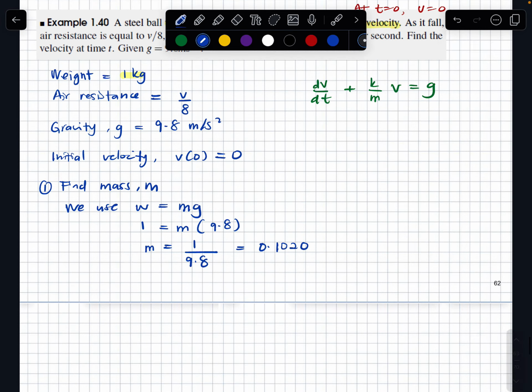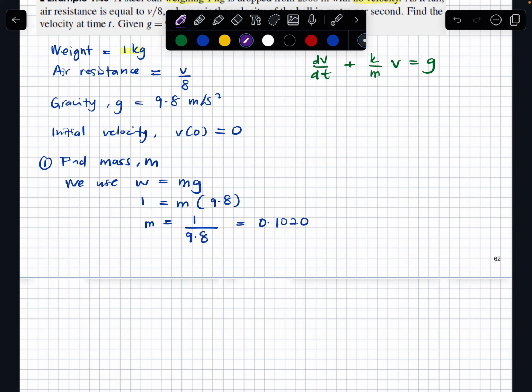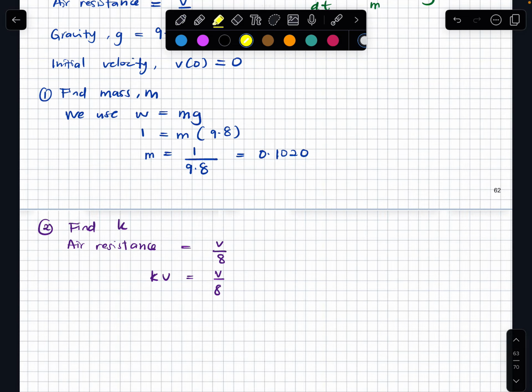So the next step is to find k. So we find k by using air resistance. Air resistance is given by V over 8. So that means your kV, the formula that relates to air resistance, is V over 8. Then we compare V with V, so it means that your k is 1 over 8.